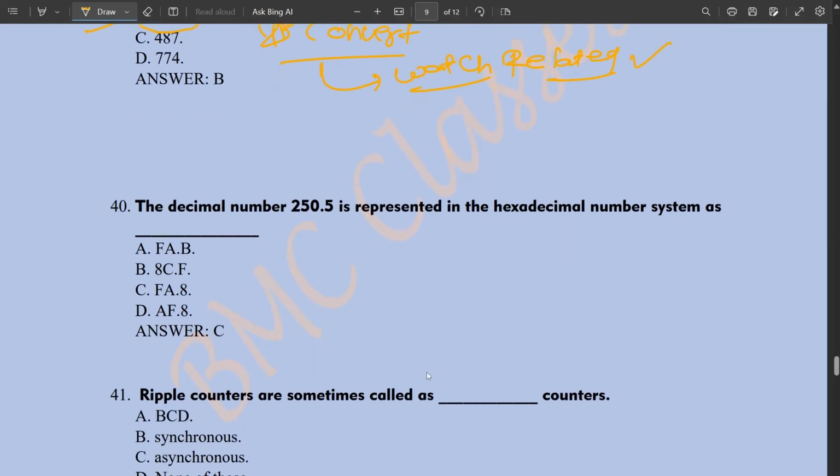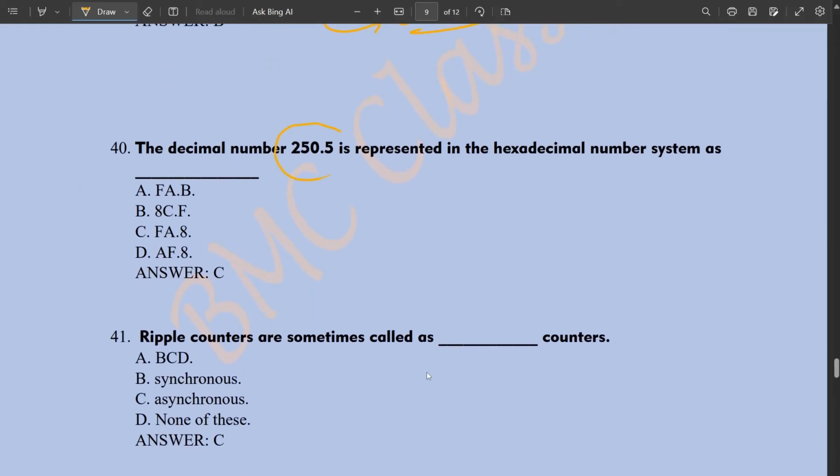Next, the decimal number 250.5 is represented in the hexadecimal number system as what? FA8.8. Okay. Again, these questions are related to changing. Okay, so you have to watch the previous video on how to change binary to decimal and so on. You will get all these videos on the channel. Okay.